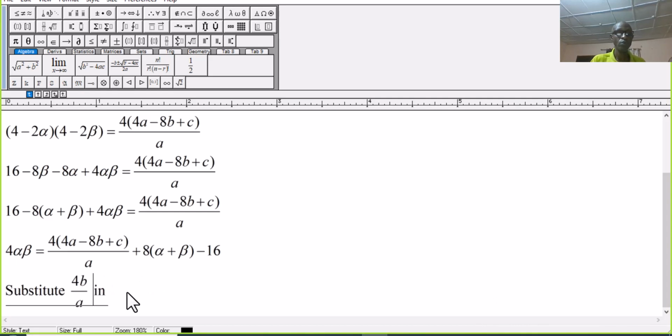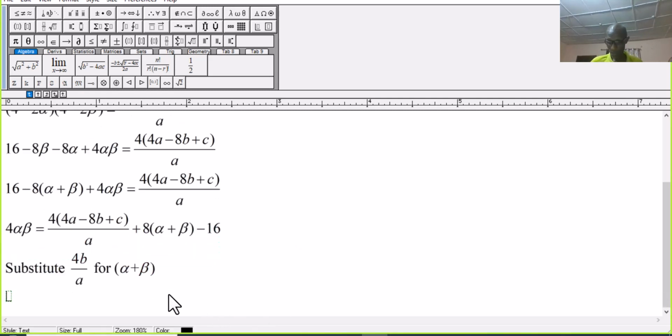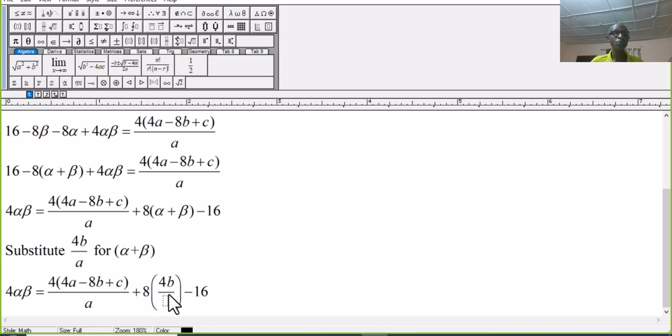Substitute for alpha plus beta. So anywhere we see alpha plus beta, we will substitute 4b over a into it. So instead of writing alpha plus beta here, I will just write 4b over a. So that's what we have there.